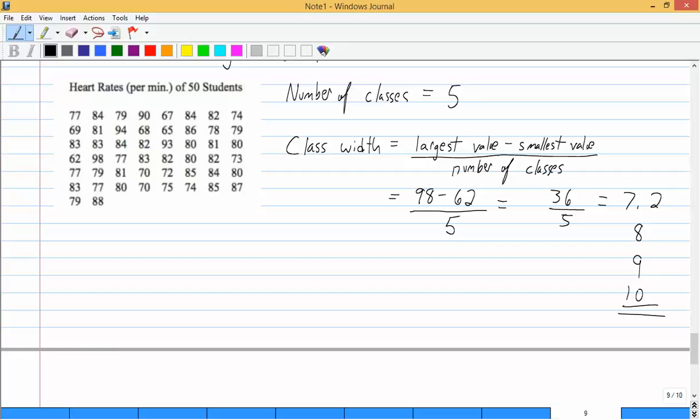Then we have to pick some starting number. Well, if the smallest number is 62, how about we just start at 60?